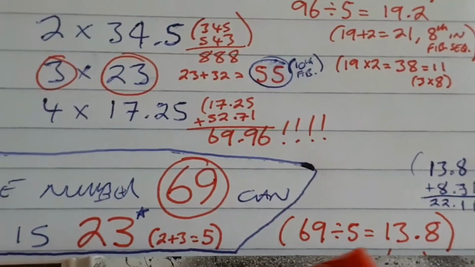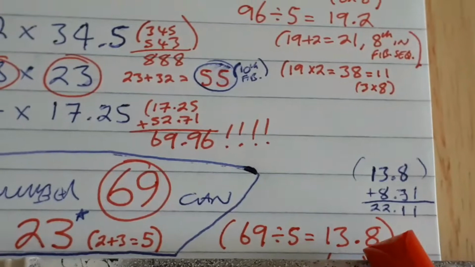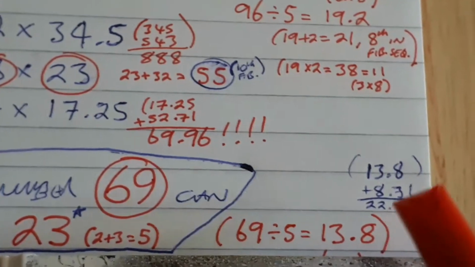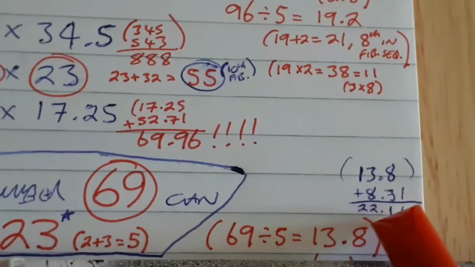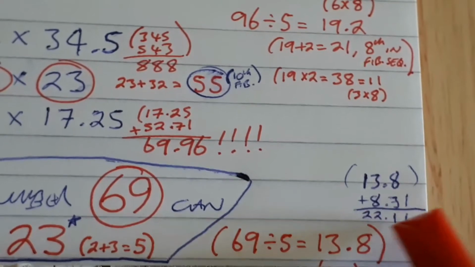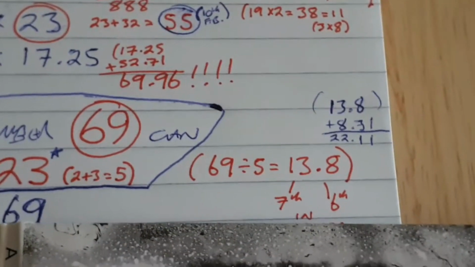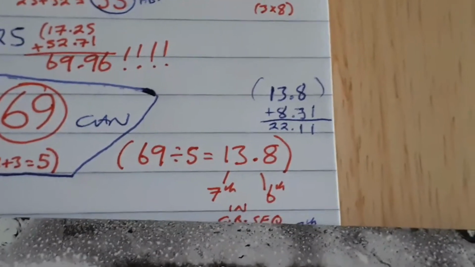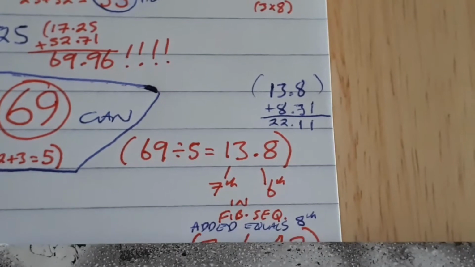Which is pretty cool. So carrying on the 5 connection for 69, divided by 5, 13.8. Adding the mirror there, plus 8.31, 22.11. If you add them together, you're getting 33. And 13 and 8, they're the 7th and the 6th in the Fibonacci sequence.